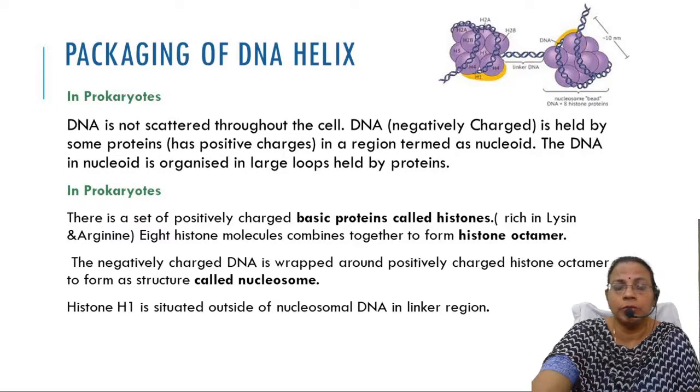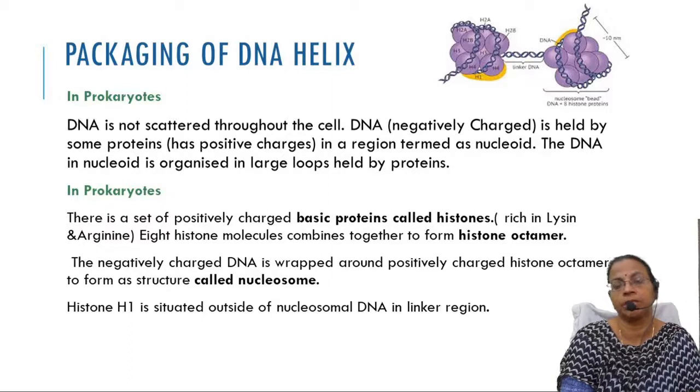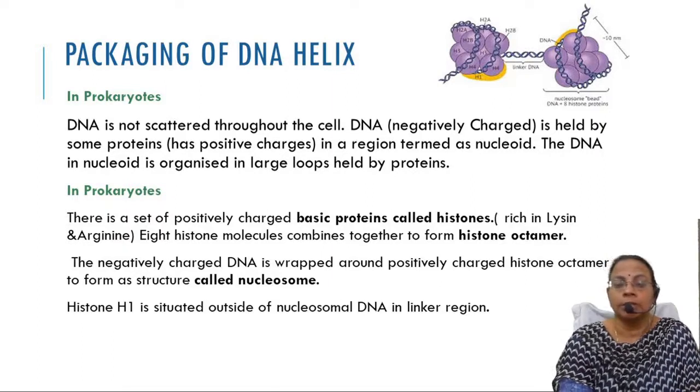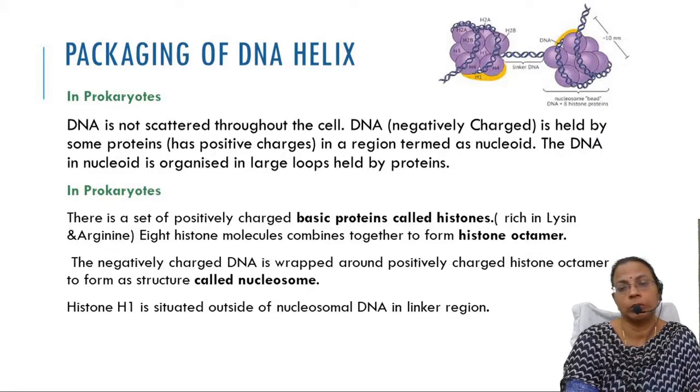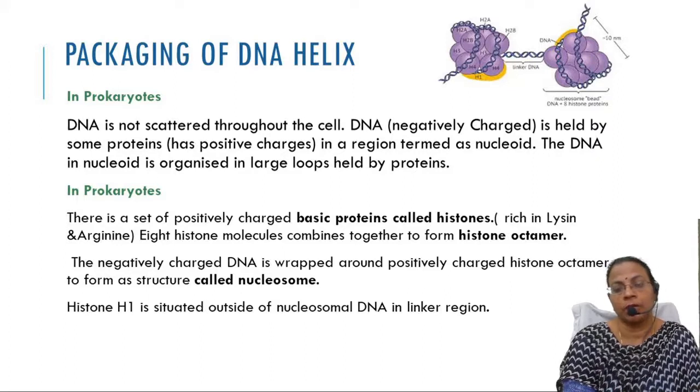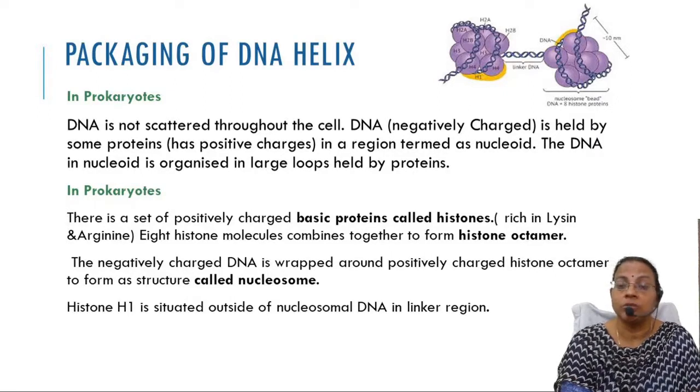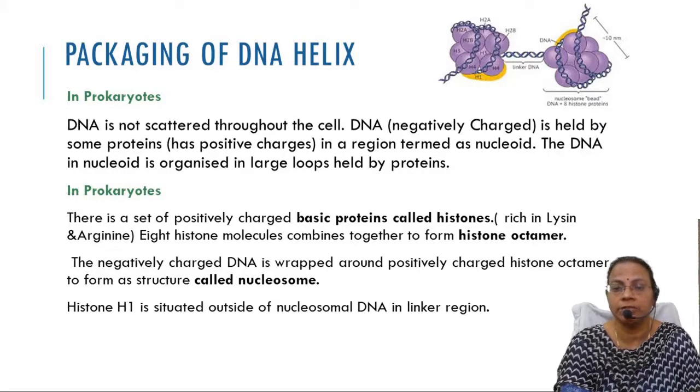When we go deep into the microscopic structure, we can say the DNA is wrapped with the help of a special type of protein. That protein is called histone. What is a histone protein? It is a basic protein and it is positively charged, whereas DNA is negatively charged.